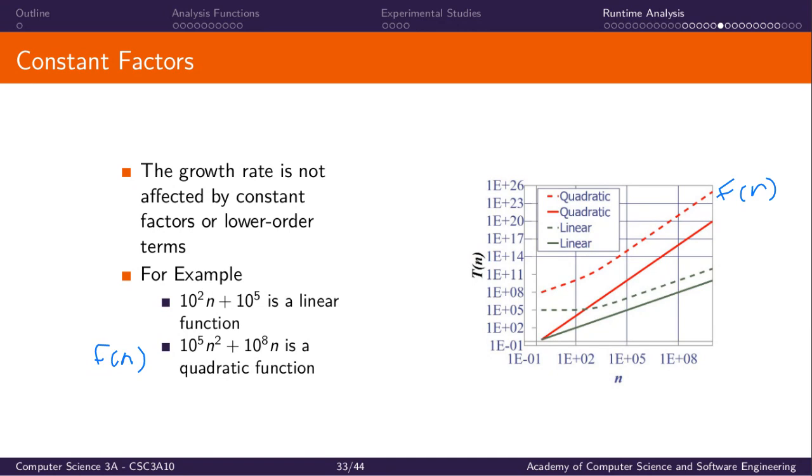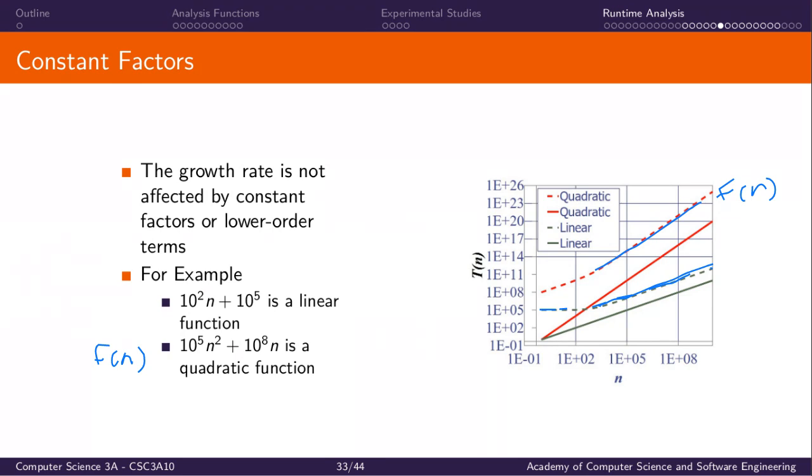If we compare that f of n to a lesser quadratic function, this one should be a quadratic function over here, then even though they may start at different places, as in they have different constants, or different multipliers, so different coefficients, we see that their growth rate, the rate at which they increase, is the same. Right? The same with our linear functions.